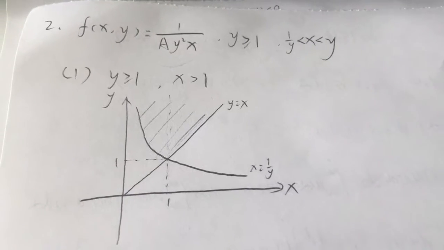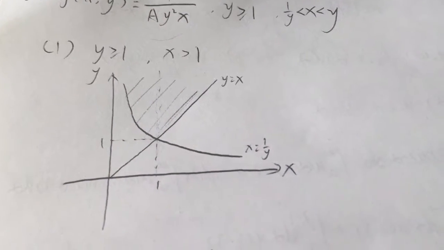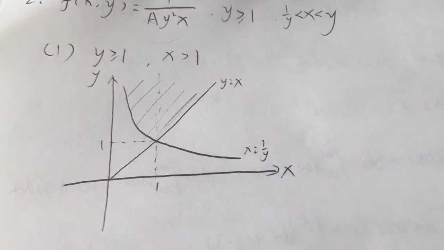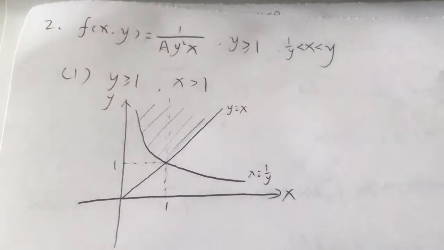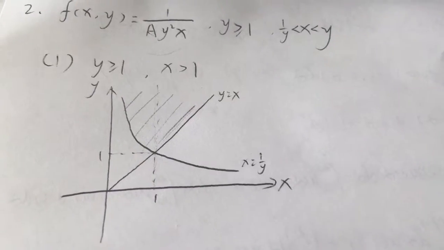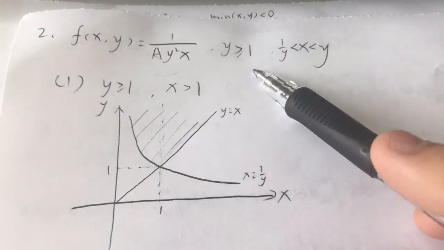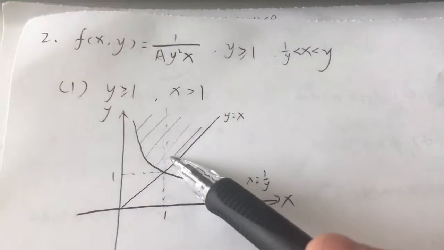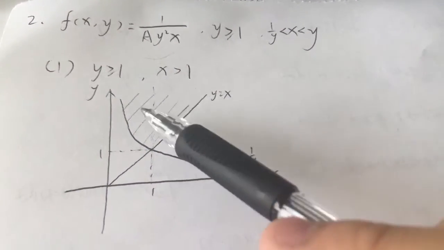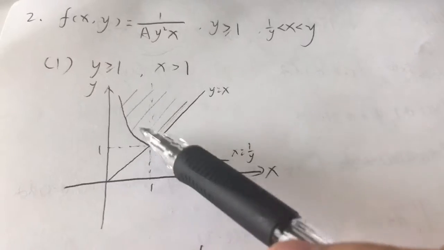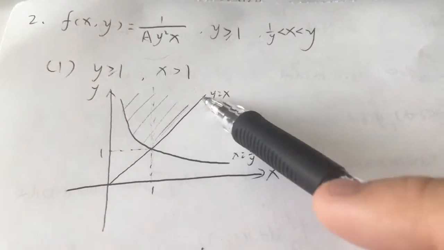So in question 1, we need to draw the non-zero definition region of the density function of x and y. Because we have the range of x and y, we can just draw the picture in the x-y axis.